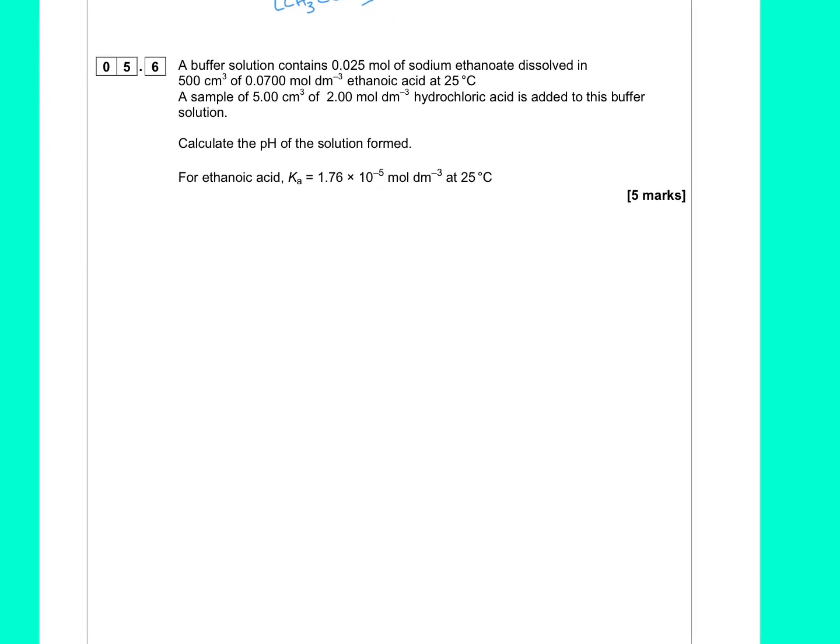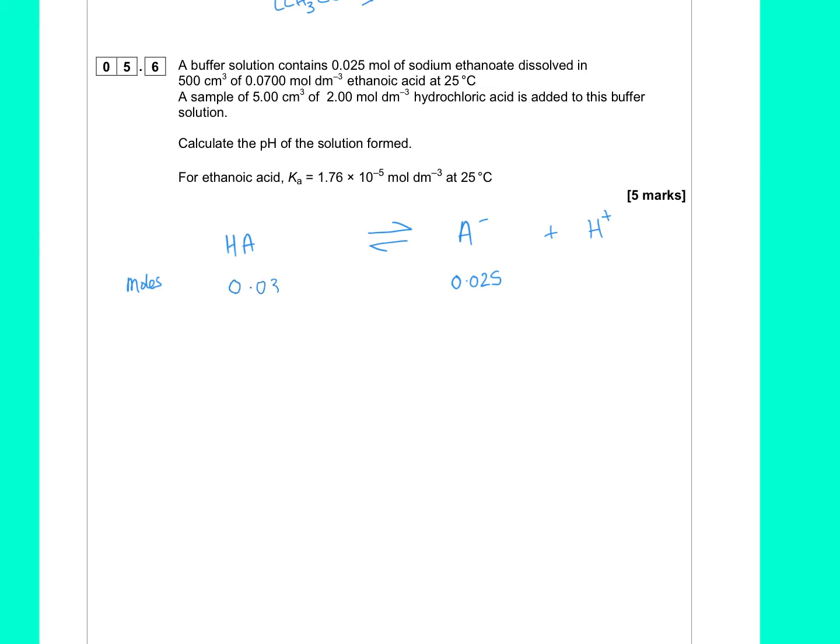Okay, next we've got a buffer calculation, so 5 marks, calculating the pH. So let's just quickly remind ourselves of what happens. So the equilibrium that's formed between a weak acid, where HA turns into A minus and H plus. And if we think about the moles it's told us about, we know we've got 0.025 moles of the salt.